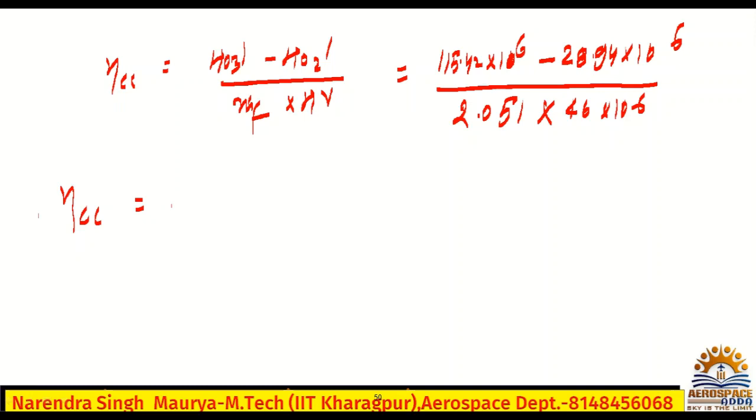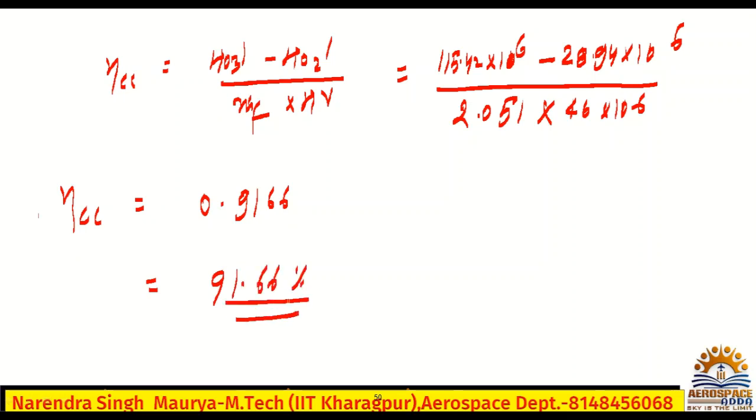We'll check. It is 10 to power 6 and 10 to power 6, so first of all they will cancel out. So 115.42 minus 28.94, divided by 2.051, divided by 46. It is coming 0.9166, or you can write 91.66%.